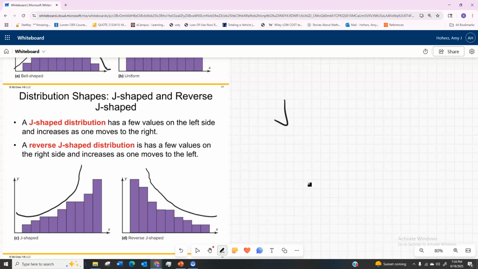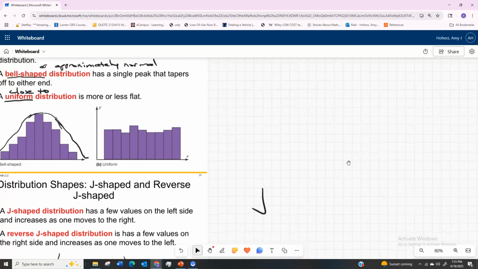The highest class has the largest frequency. And then a reverse J-shape is just the opposite. The first class has the most frequency, and then it just declines all the way until your final class. So that's called J-shaped, reverse J-shaped.